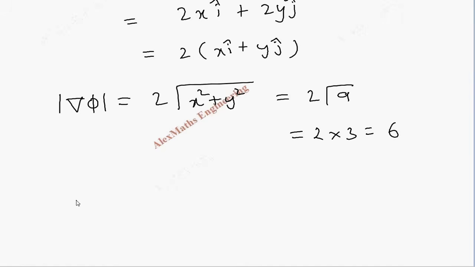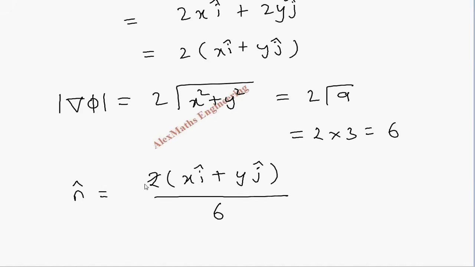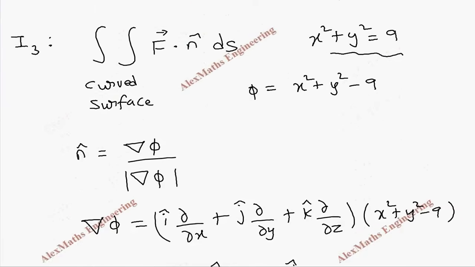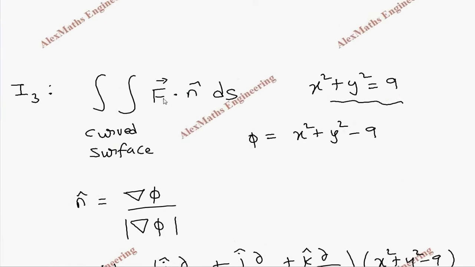Now n cap becomes 2 into x i cap plus y j cap, whole divided by 6. So we can cancel this, it becomes 3. So it is x i cap plus y j cap divided by 3. So now we are going to substitute in this f dot n cap ds.